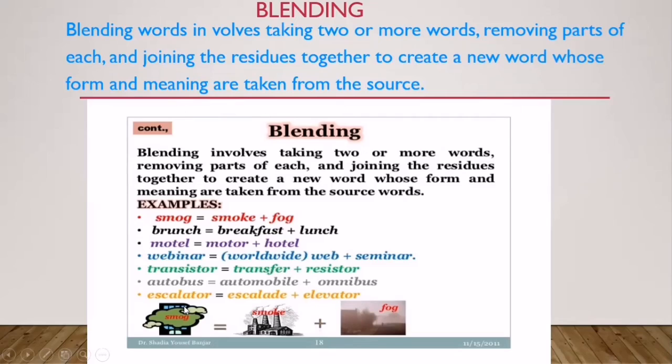Please read this, guys, as a review. We have a clear example here: smog equals smoke plus fog. Look at this drawing, smoke, and look at the picture, fog. The new word uses parts of both, and the meaning is taken from the source words. Please look here, guys.